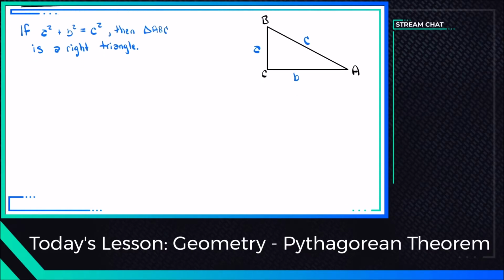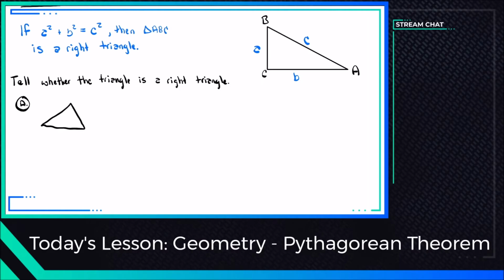So we'll leave this up right here, and we're simply going to tell whether the triangle is a right triangle. And so example A, we're going to have the following triangle.